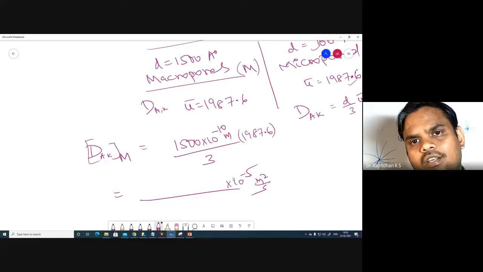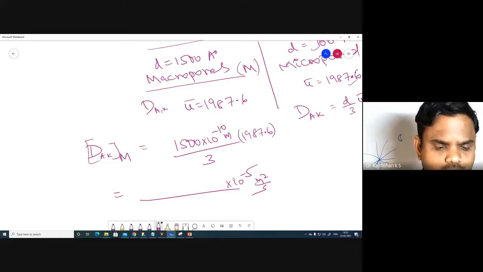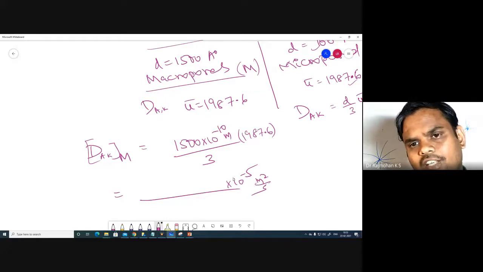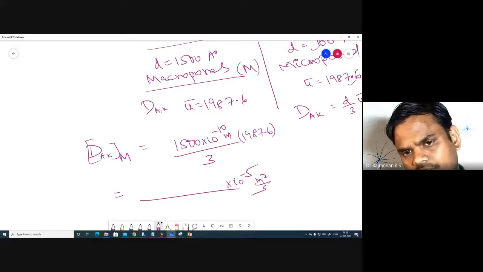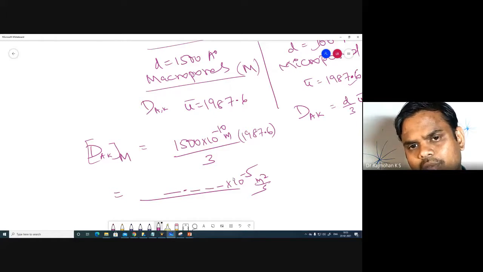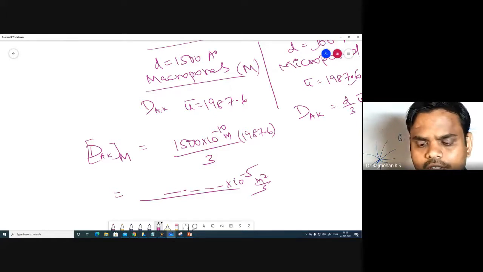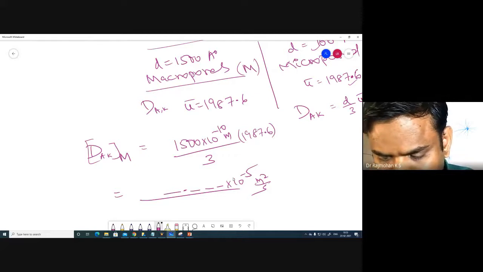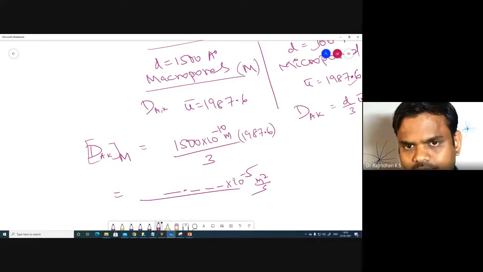1500 by 3 is 500. 500 into 10 power minus 10 into almost 2000, 1987.6. So we should get a value around 10 power minus 5. Three digits you write, so let me calculate it. 1500 into 1987.6 divided by 3 into 10 power minus 10.